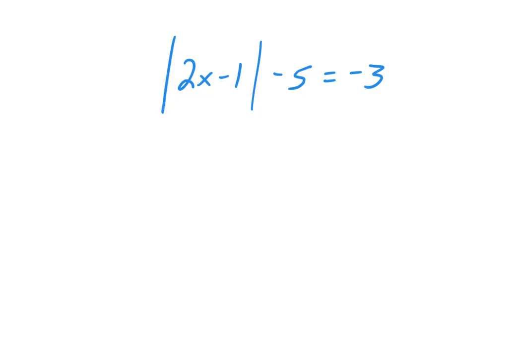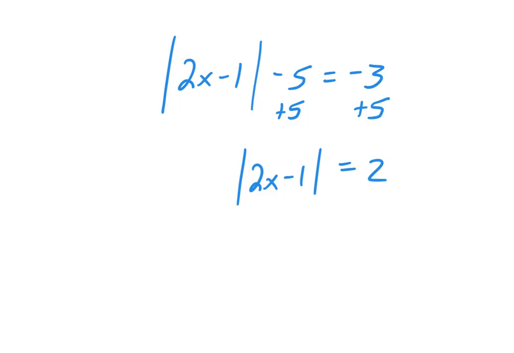And so in this case, my first step would be to add 5. And when I do that, it gives me a +2. And now we're okay, because now it equals a positive number, okay? So that's the other thing to watch out for, is not necessarily just looking for a negative on the other side. Make sure the absolute value is by itself first.